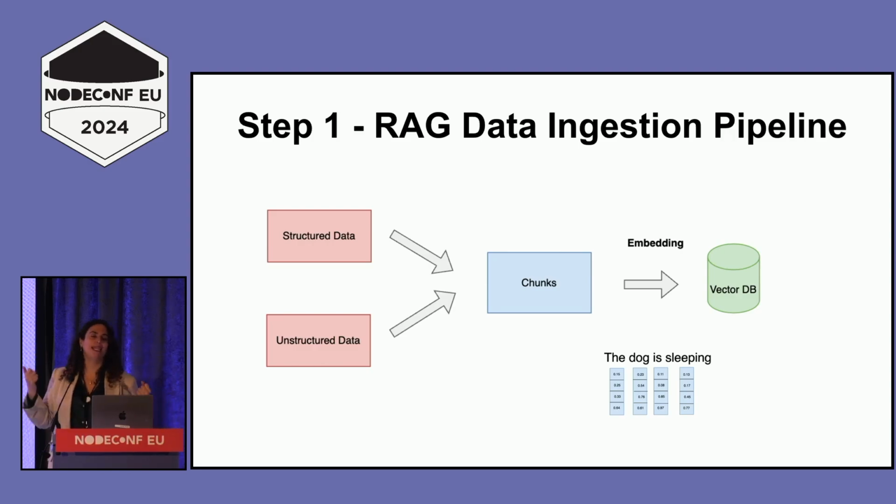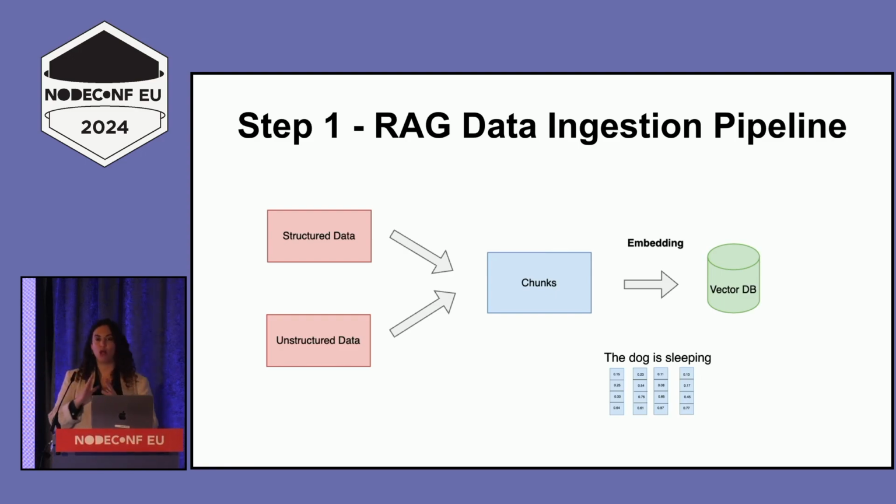Step one, I need to ingest the data. Probably I need to search it in a database on each question, so I need to have a database. So I need to have an ingestion pipeline. I have the data, let's say text. What I need to do is load it, split it into chunks, and then do embedding.